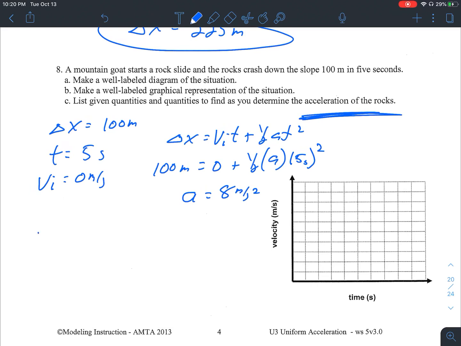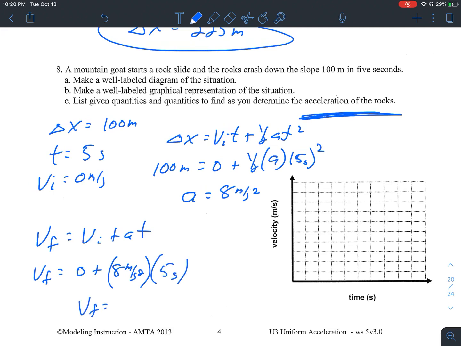We can then use that to get our final velocity, so it's easier to plot. And then we can scale that out appropriately as we see fit.